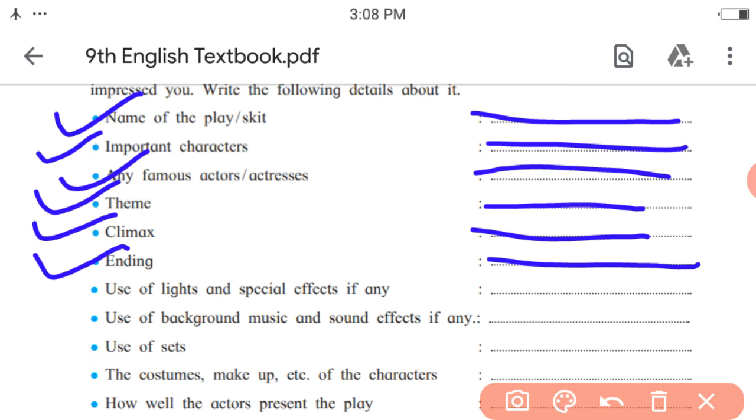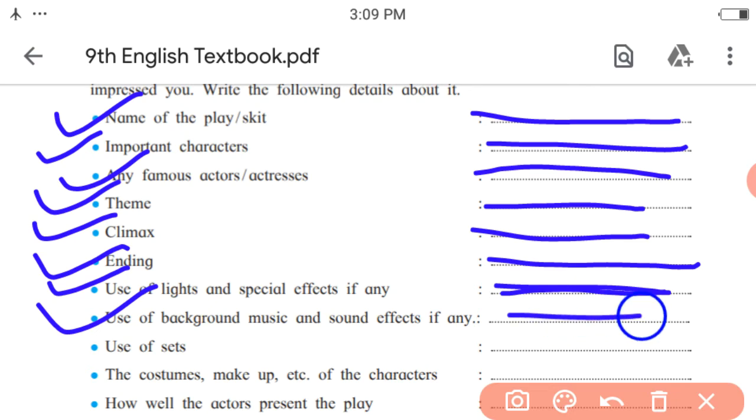Next, use of lights and special effects, if any. If it is used, that you have to mention, and if not used, you can write no use of lights and special effects. Next, use of background music and sound effects, if any. Same, you can write if it is used.